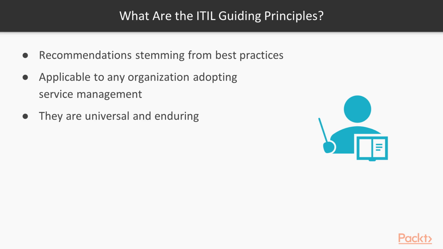And enduring basically means that it doesn't really matter what you are doing and how you are doing right now. You may be in a period of growth. The economy could be growing, or there could be an economic crisis and you have to survive in the market. But still, you should apply the same guiding principles. That is the meaning of universal and enduring.